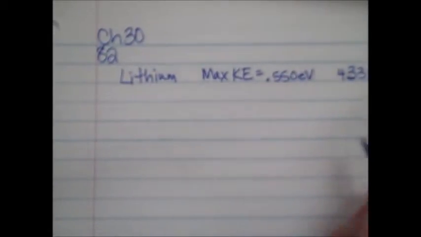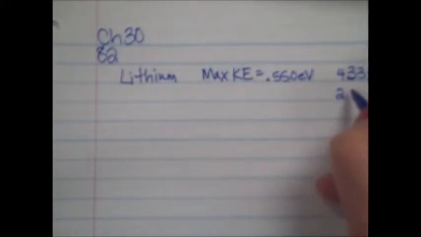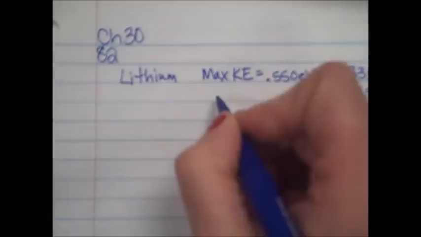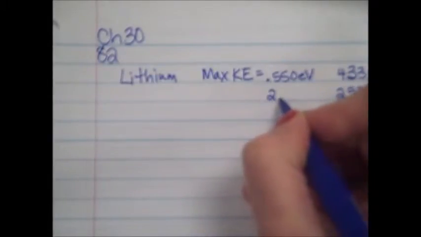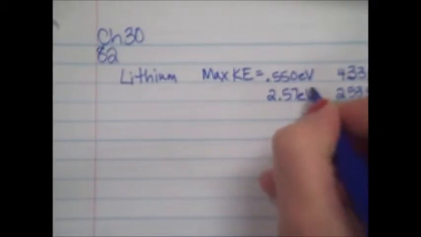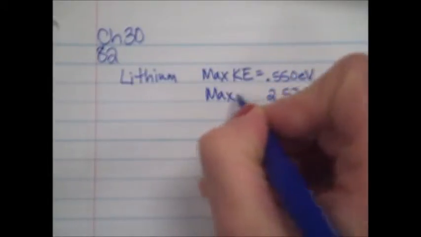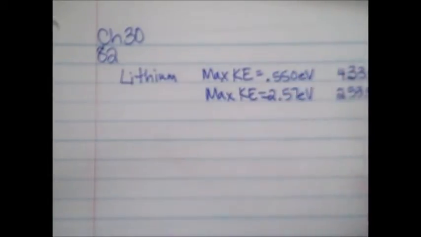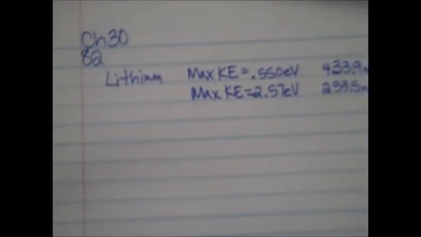And for light of 253.5 nanometers, he observed a max KE of 2.57 electron volts. It asks, using these results, predict the work function for lithium, the predicted value of Planck's constant, and so on.